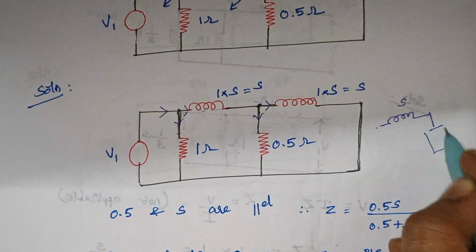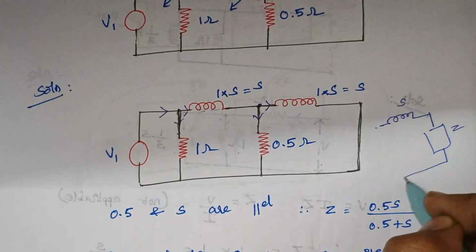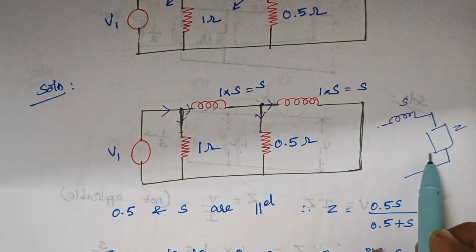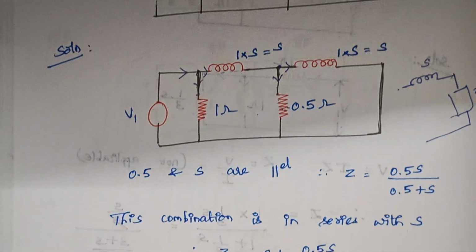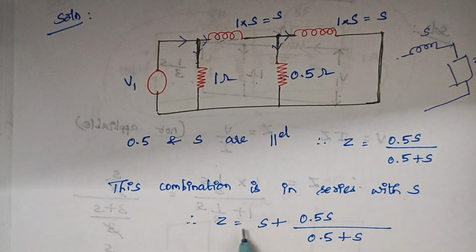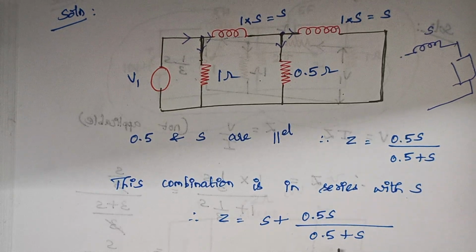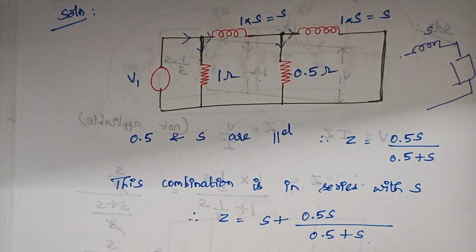So what is the value? This is the value of impedance that we calculated. Now these two elements are in series connection. This combination is in series with S. Therefore S plus the value of impedance is 0.5 S divided by 0.5 plus S. Now we have to take LCM.